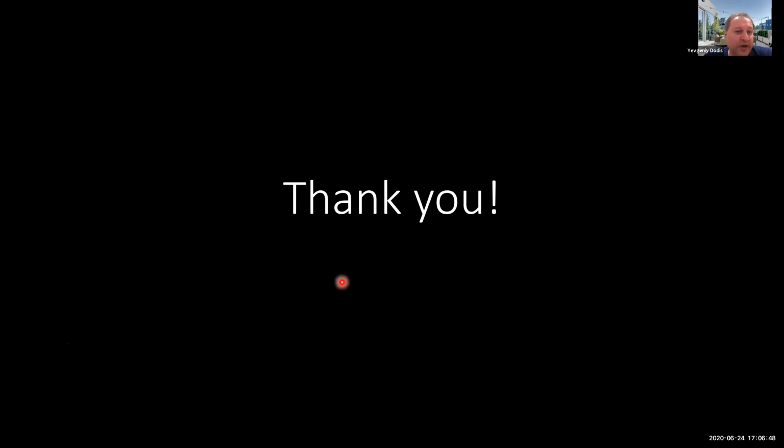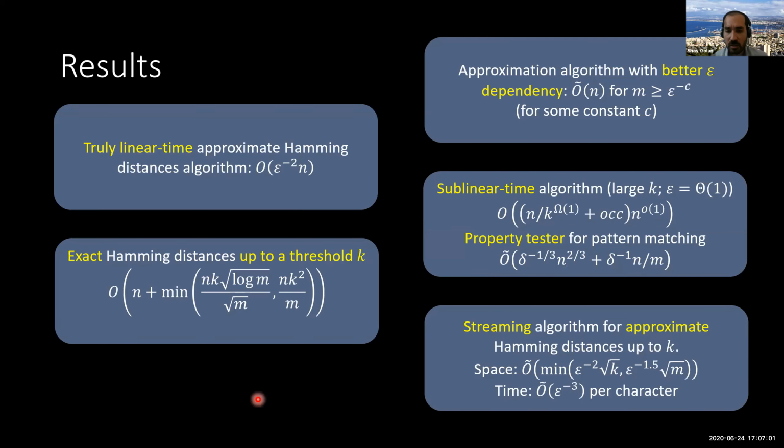Are there any lower bounds in any of the settings, like property testing, about the dependence on epsilon? For property testing, this is the first result for pattern matching, so I don't know about lower bounds. For streaming, there is a lower bound for the space usage, for example on the dependence on k.